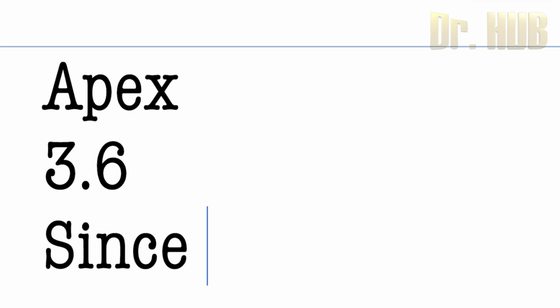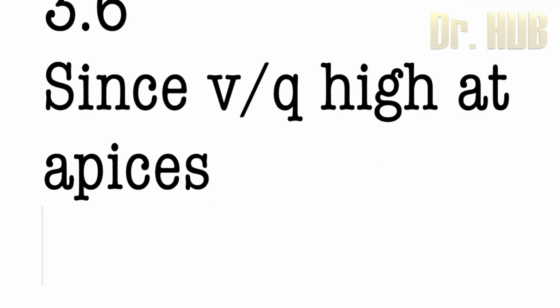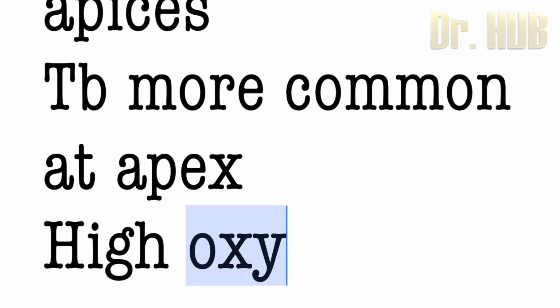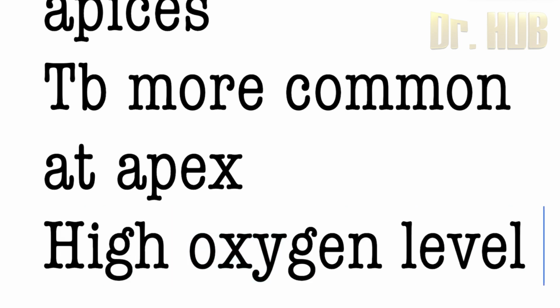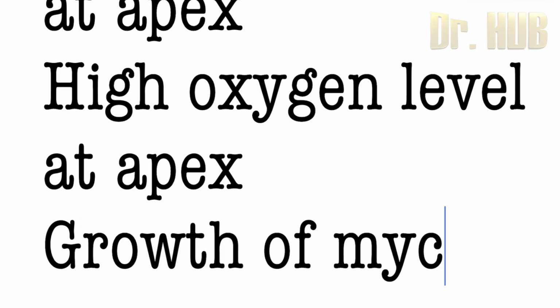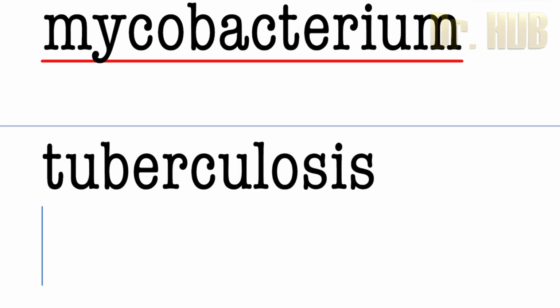Since the V by Q is high at the apices of the lung, TB is more common at the apex, since the high oxygen level at the apex favors the growth of Mycobacterium tuberculosis.